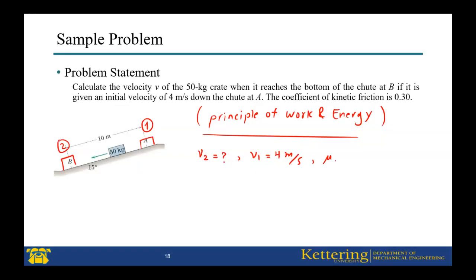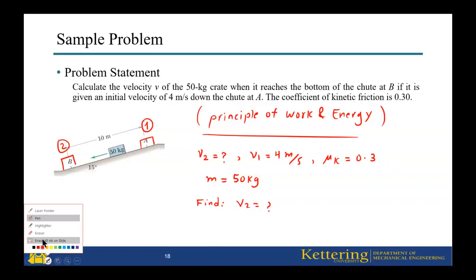The coefficient of friction is 0.3. The mass of the crate is 50 kilograms. These are given.